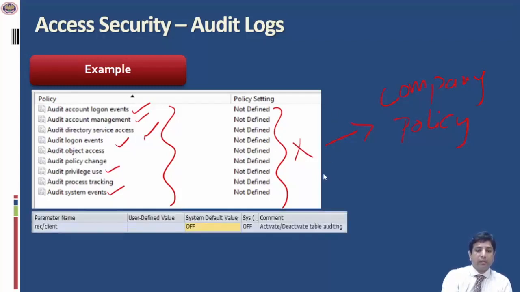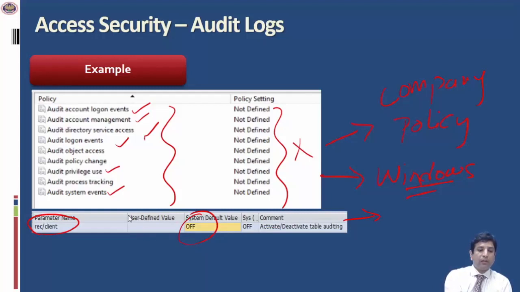While the earlier example was an audit log at a Windows system, which is the operating system on which the ERP is running, here in this case we look at an audit log at an application level. Now in this case, we can see that the name of the audit parameter is called REC/client, or rec client. This parameter is set to off, which means it is not enabled.